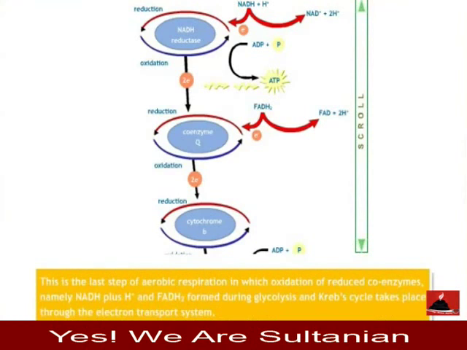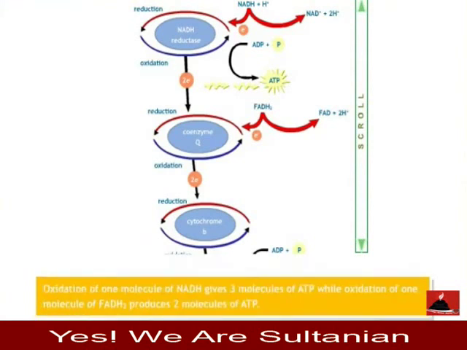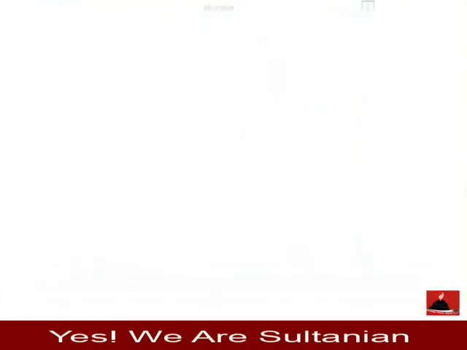This is the last step of aerobic respiration, in which oxidation of reduced coenzymes, namely NADH plus H plus, and FADH2, formed during glycolysis and Krebs cycle takes place through the electron transport system. Oxidation of one molecule of NADH gives 3 molecules of ATP, while oxidation of one molecule of FADH2 produces 2 molecules of ATP.